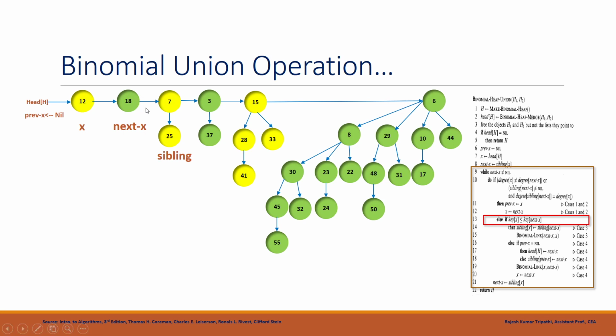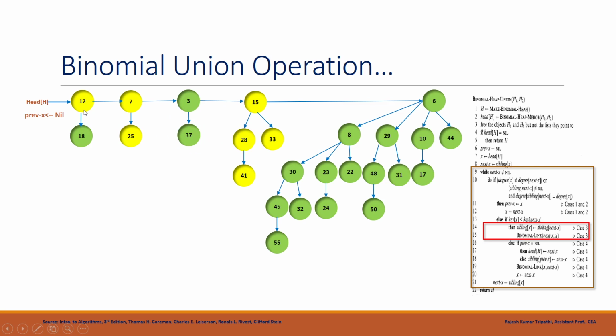And sibling of next X, this one, will become a sibling of X. So which one is X? This one is X, and next X will be linked as a child of X. So you can see as a result, this is next X that has become a child of X, and this was the sibling of next X, which is now a sibling of X.